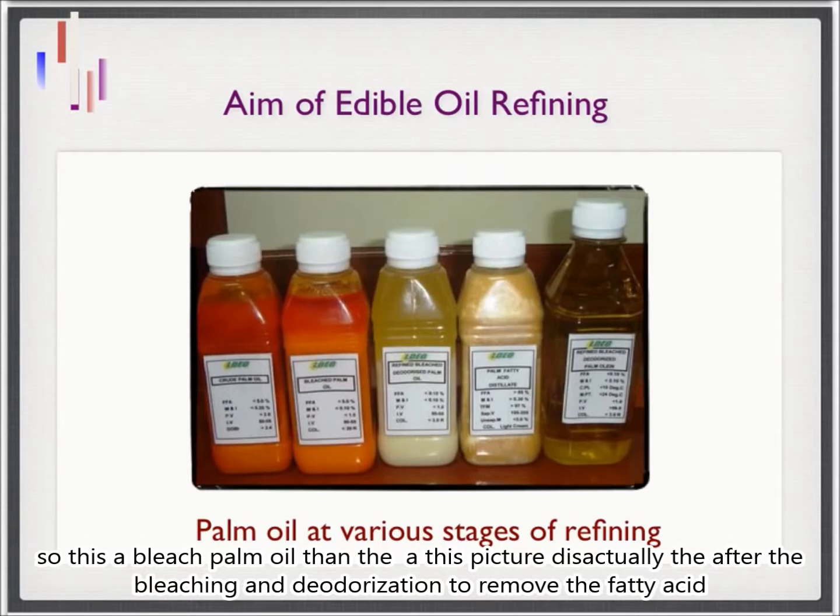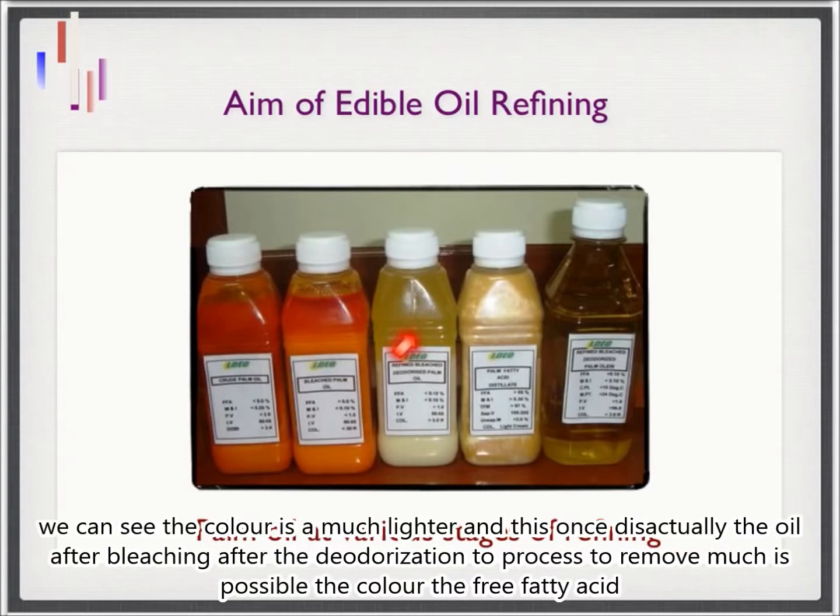Then in this picture, this is actually after the bleaching and deodorization to remove the fatty acids. You can see the color is much lighter. And this one is actually the oil after bleaching and after the deodorization process to remove as much as possible the color and the free fatty acid.